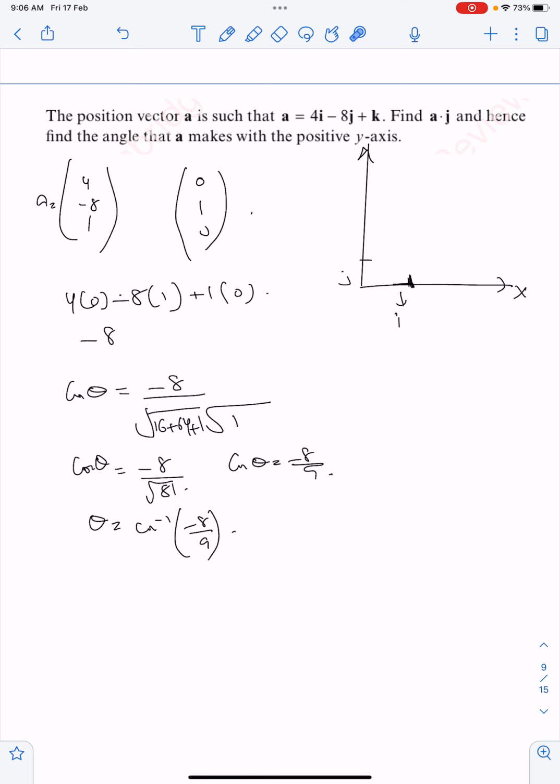So if you write positive on the calculator, then you have to subtract the answer from 180 to get the obtuse angle. Otherwise, if you write this directly, the calculator is going to give you the answer directly. So it's 152.73. So theta is 152.7 degrees. This is the answer to this question.